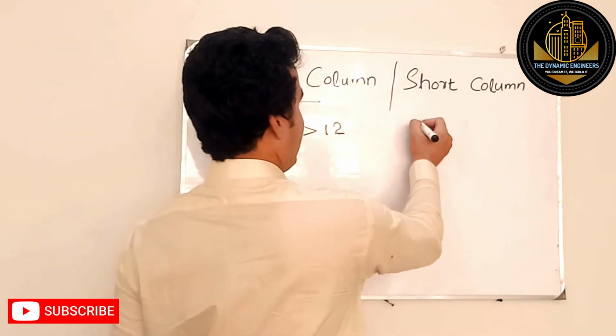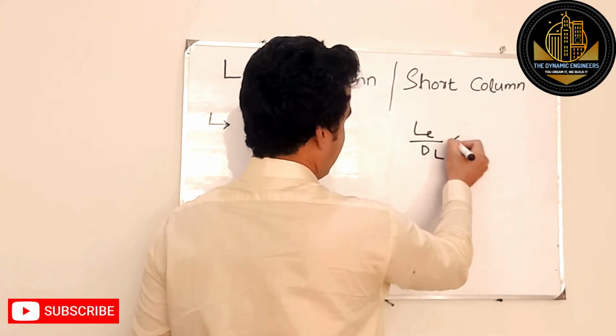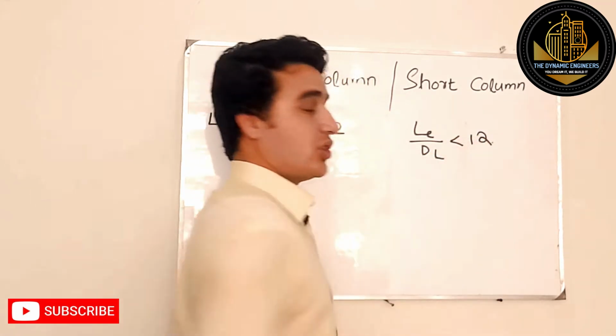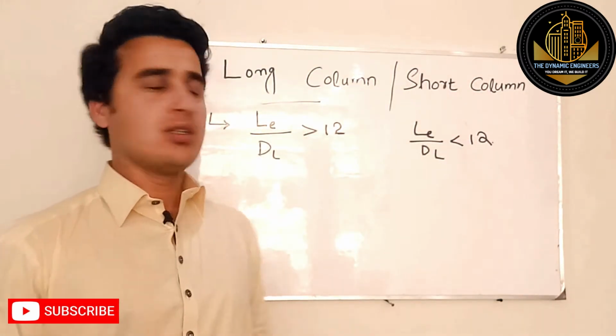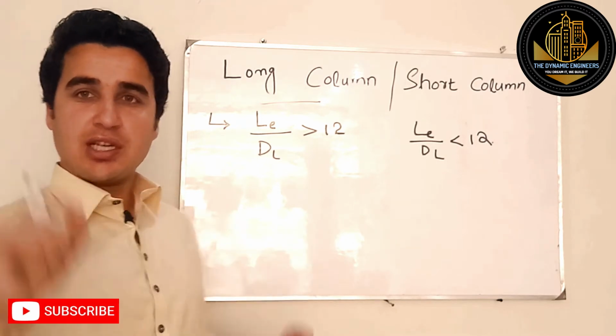While if LE divided by DL is less than 12, it is a short column. So what is effective length and what does least dimension mean?